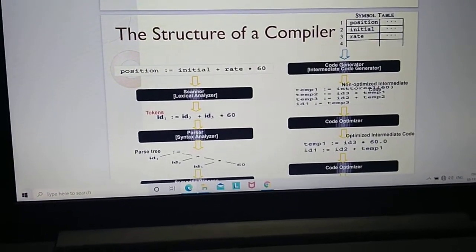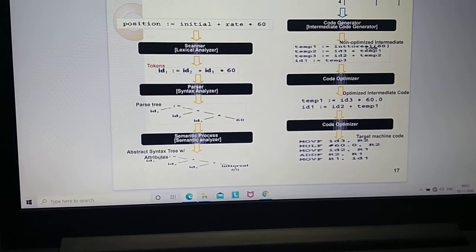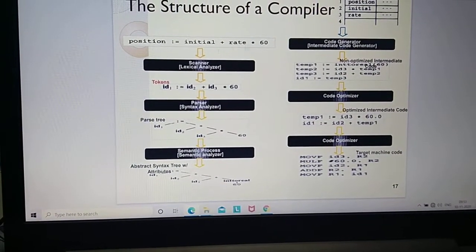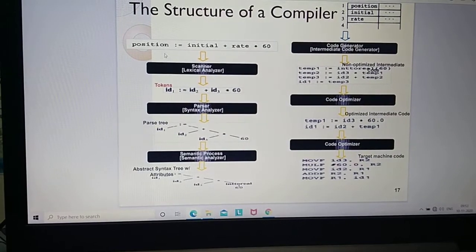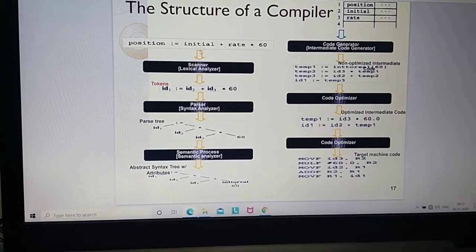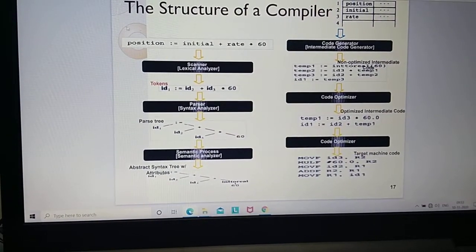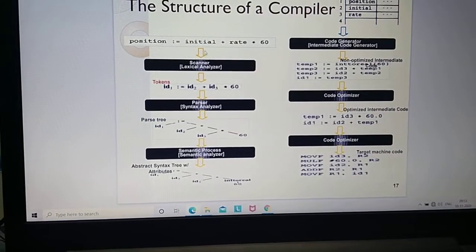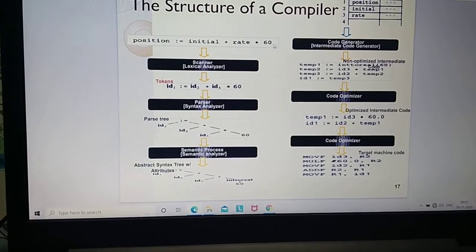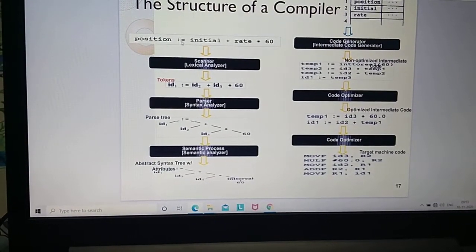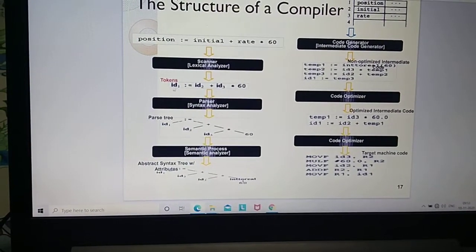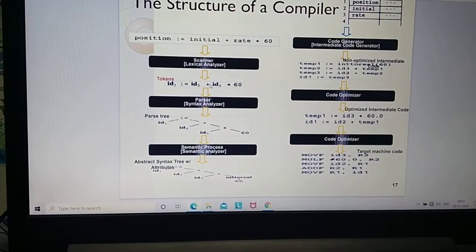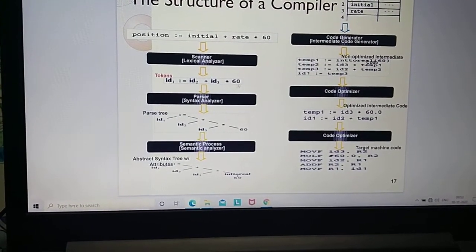Here the structure of a compiler is given. Position equal to initial plus rate into 60. This is the input expression. Identifier 1, identifier 2 and identifier 3 are position, initial and rate respectively. Plus and multiplication are the two operators and equal to is the assignment operator. So the tokens are identified as identifier 1 equal to identifier 2 plus identifier 3 into 60 numeral.